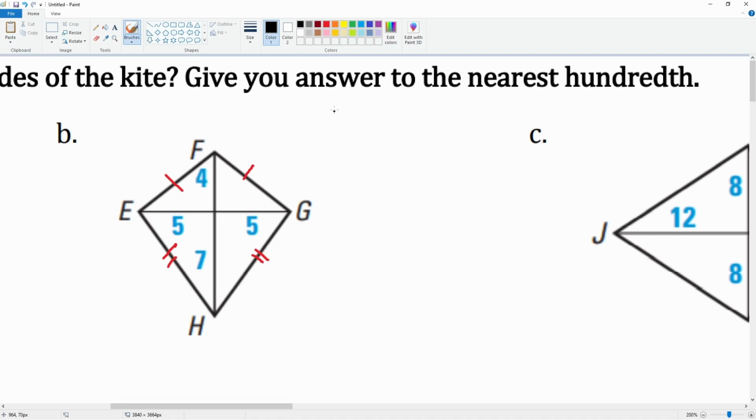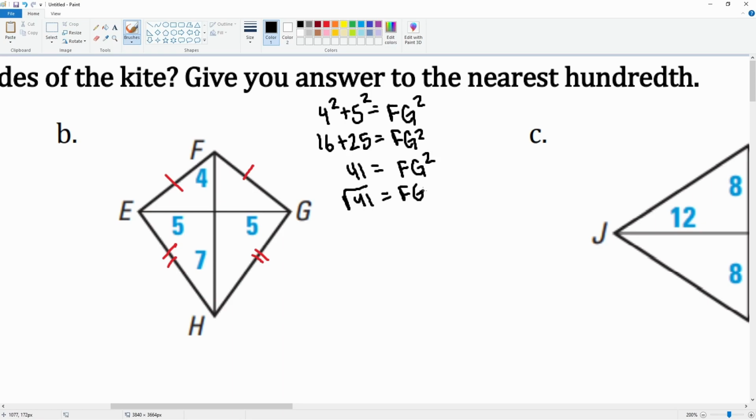Okay, so let's write it. 4 squared plus 5 squared is equal to FG squared. 16 plus 25, we can just plug that into the calculator. That gets you 41, equal to FG squared. Square root of 41 is equal to FG. So we can say that this is square root 41, and this is also square root 41.